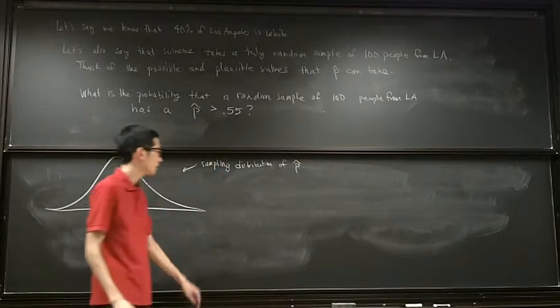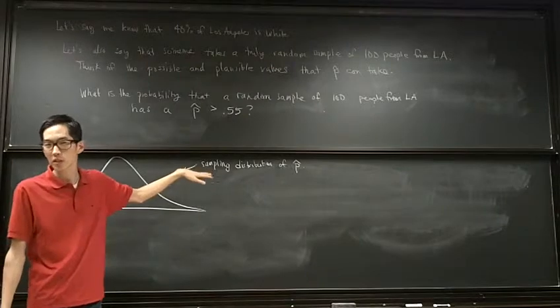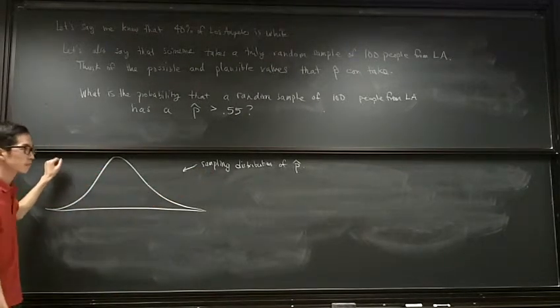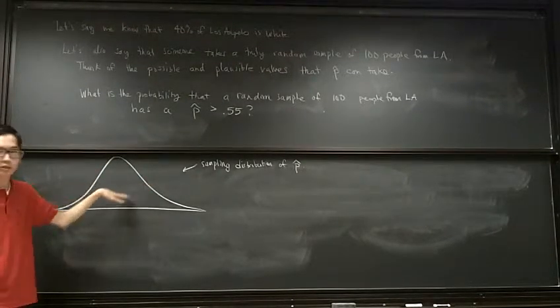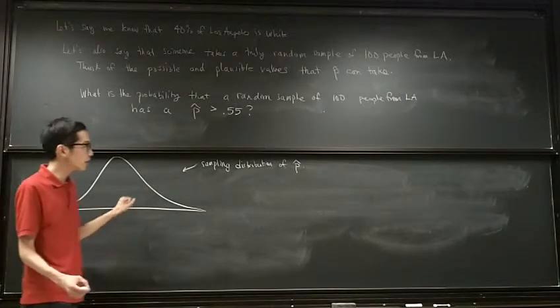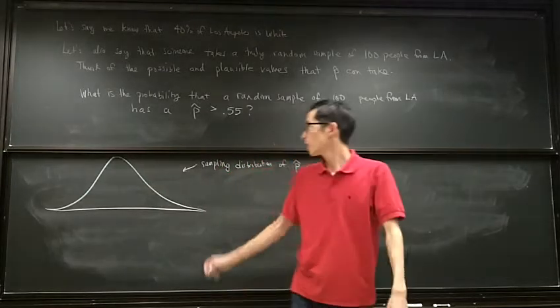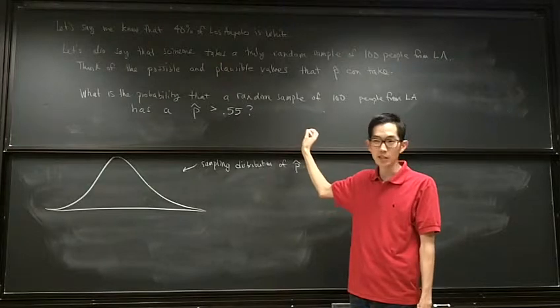Again, how are we getting this sampling distribution? What does the sampling distribution represent? It represents all the possible values of p hat that we can get from all the possible samples of 100 people that we might get from Los Angeles.